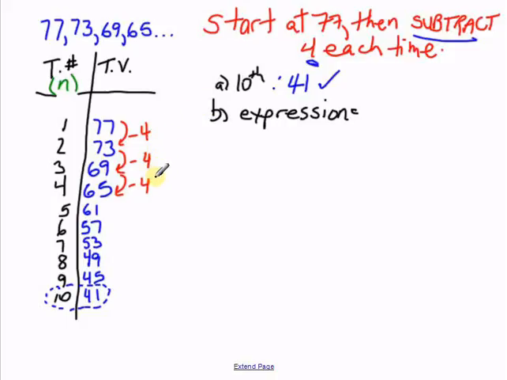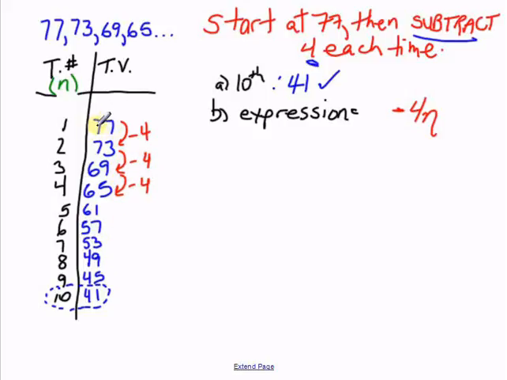I look at figuring out how can I get n into this expression. When we had a growing pattern, if this was going up by 4 each time, the expression would start with 4n. If it's a decreasing pattern, it's still going to have 4n in it. But the difference is I'm going to take away multiples of 4. Every number is getting smaller by another 4 each time.